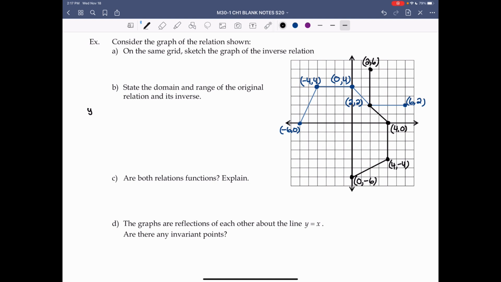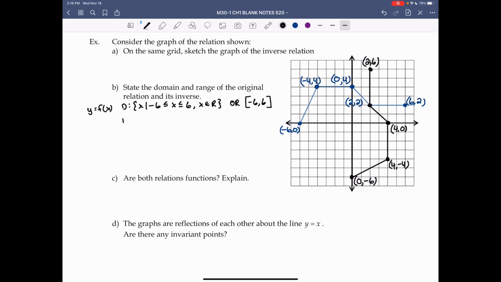For the original relation y equals f of x, we have the domain is x such that the lowest value of x is -6, is less than or equal to x, is less than or equal to the highest value, which is +6, x is a real number, or in interval notation, it would be from -6 to 6, so [-6, 6]. Both of those endpoints are included, so square brackets for both.